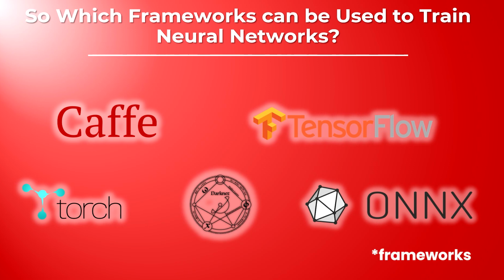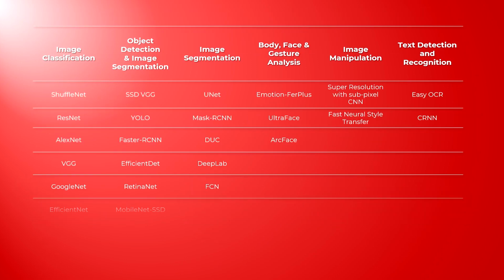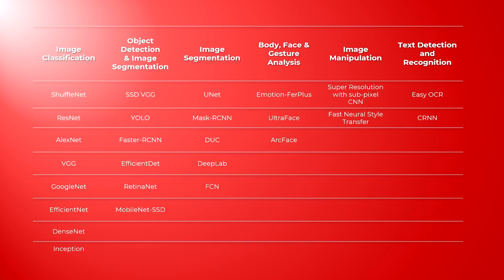So these are all the frameworks you can use to train, and here is a list of the variety of models that are available in the OpenCV model zoo that you can directly use and plug into the DNN module. We have different categories: some models in classification, some in detection, segmentation, some other models like facial and gesture analysis, image manipulation, and text detection and recognition. So there is a variety of models that you can use inside the DNN module, and this is not even the full list.